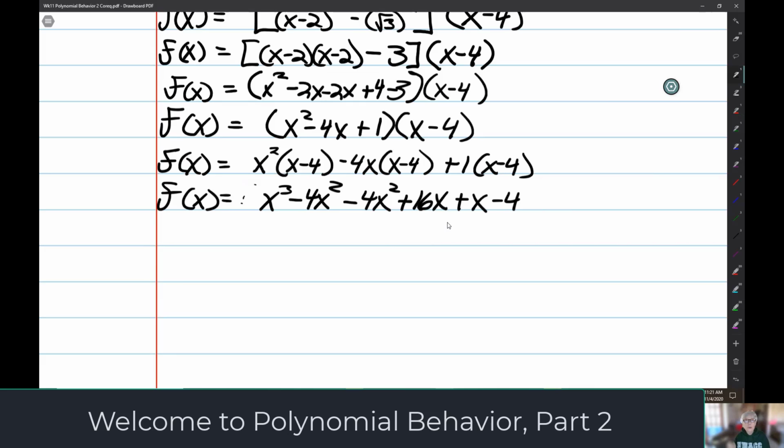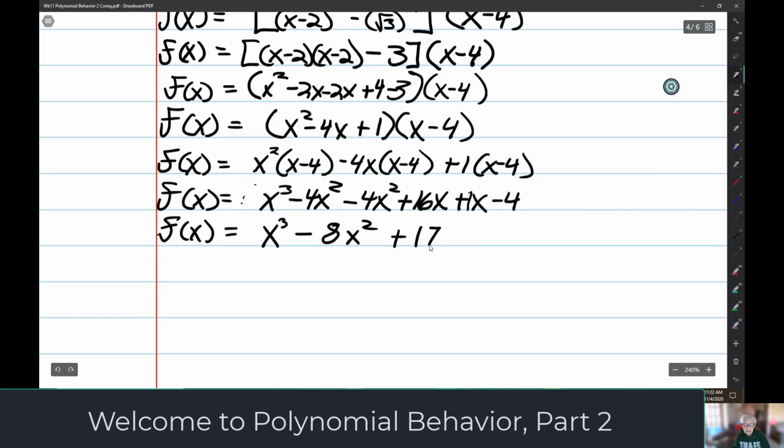So now all I have to do is combine like terms, which conveniently happen to be right next to each other. F of x equals x to the third minus 4x squared minus 4x squared is minus 8x squared plus 16x plus 1x is plus 17x minus 4. Oh, good grief.